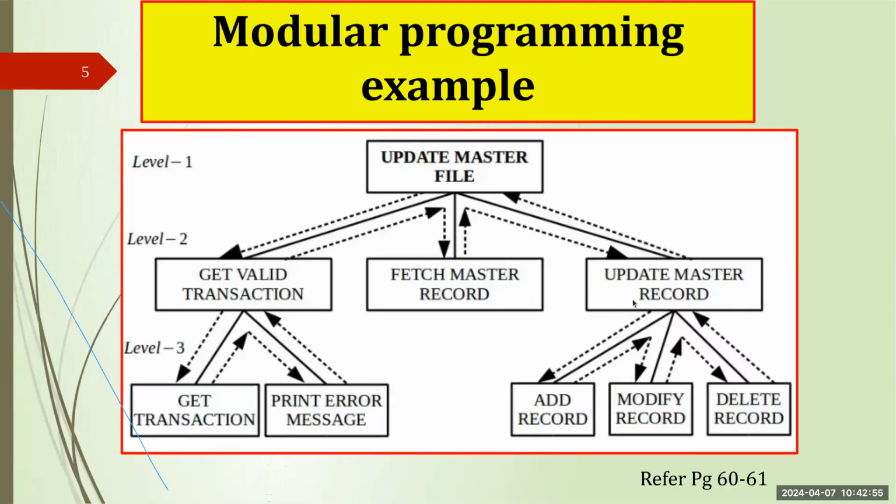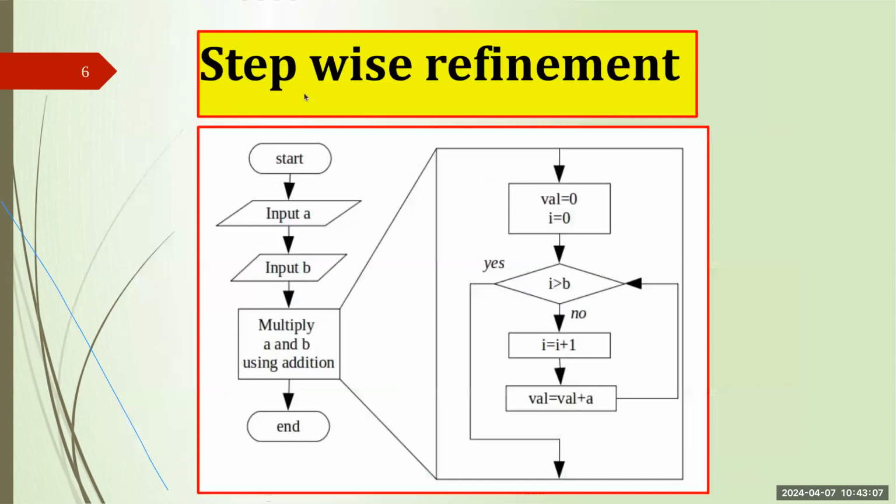Update master record includes 3 submodules: add record, modify record, delete record. This is stepwise refinement. This is an example for stepwise refinement.